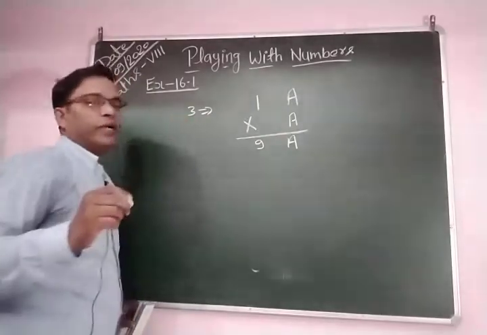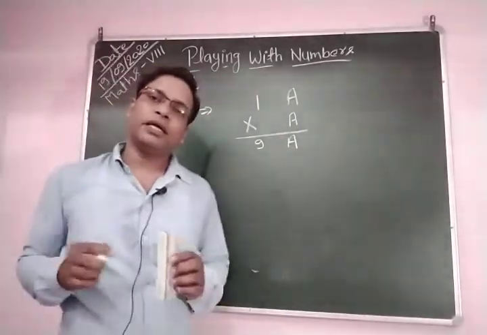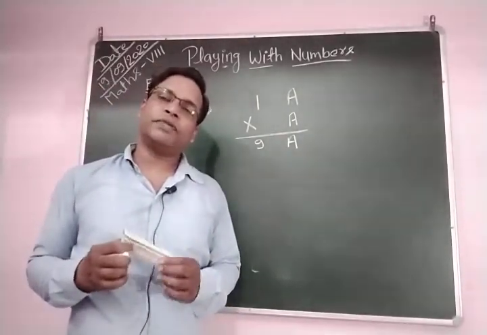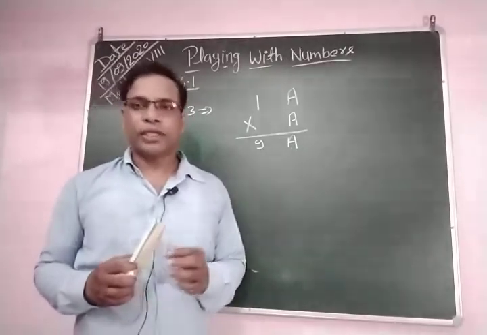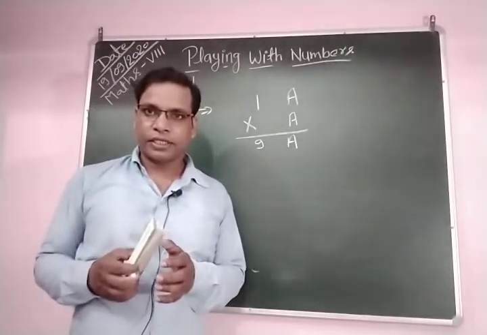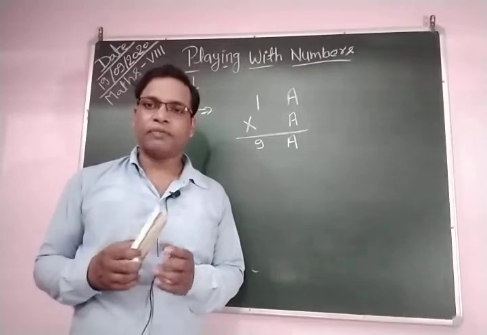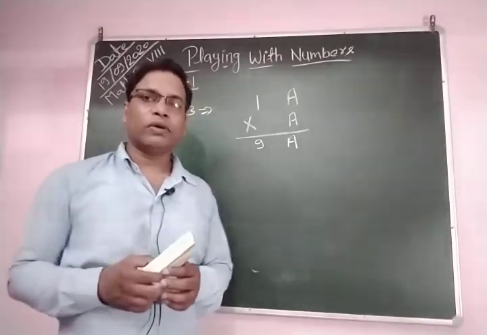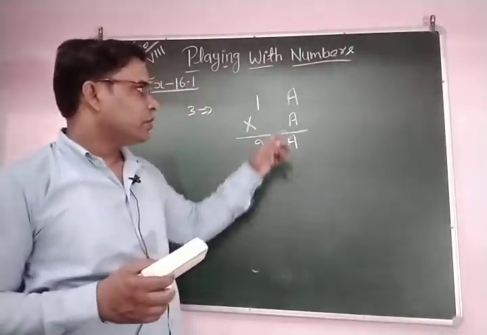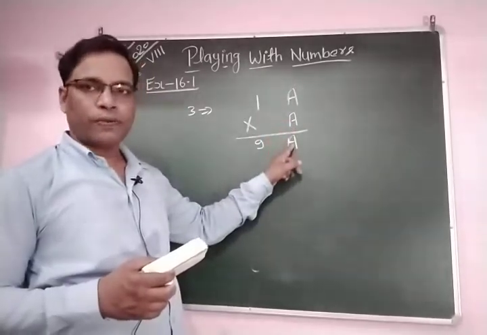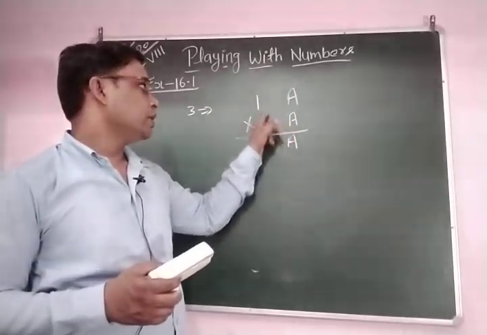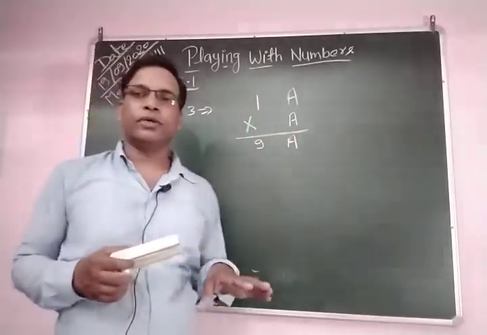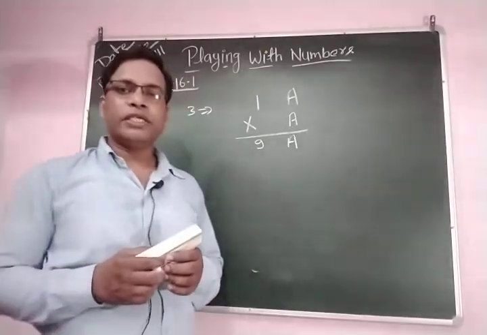Clear? So what is the possible digit? If you multiply a digit by itself and obtain that same digit, we already discussed that this digit may be 6 or 5 or 0. If we take 0, 0 into 0 is equal to 0, but 0 into 1 is not equal to 9. So A is equal to 0 is not possible.